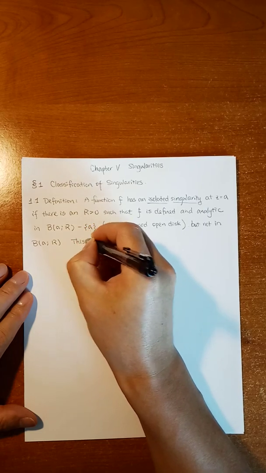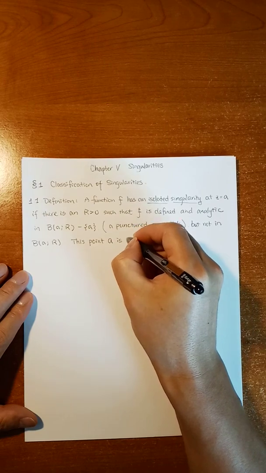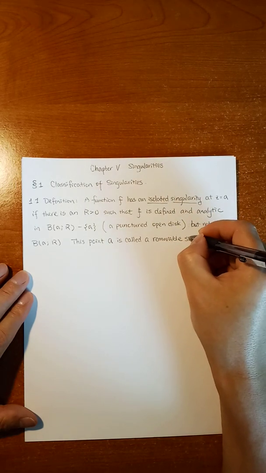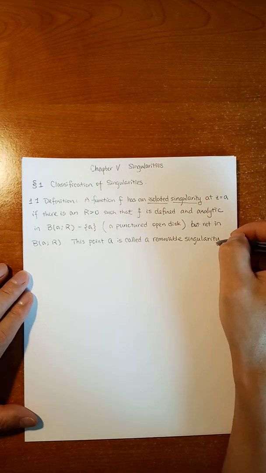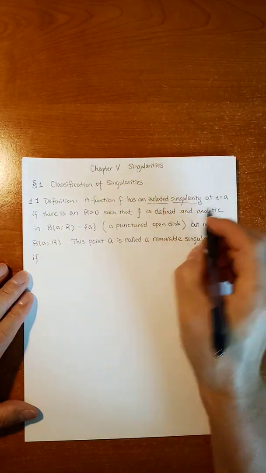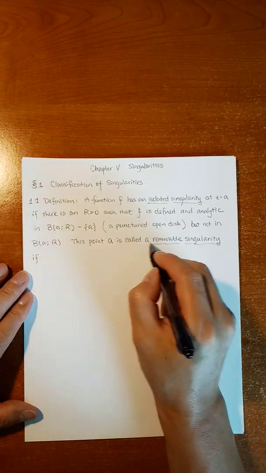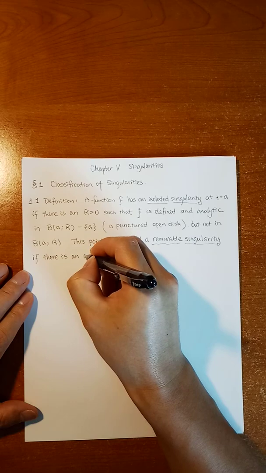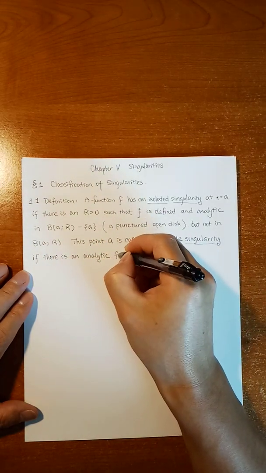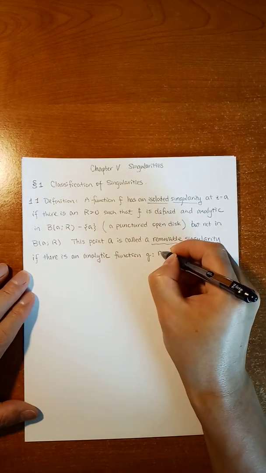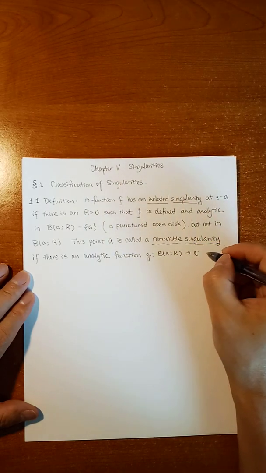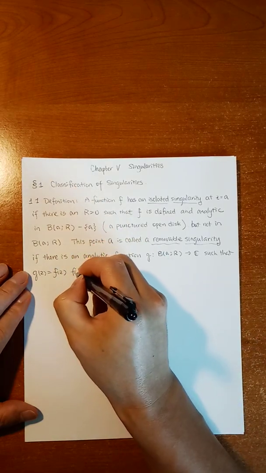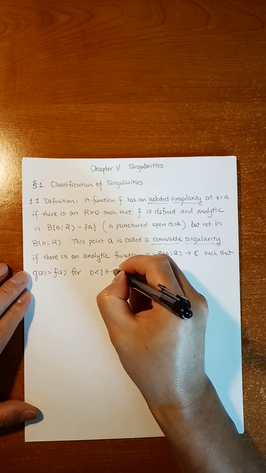And this point a is called a removable singularity if, being isolated, there is an analytic function g from this open disk to C such that g of z is equal to f of z for every z in this punctured open disk.